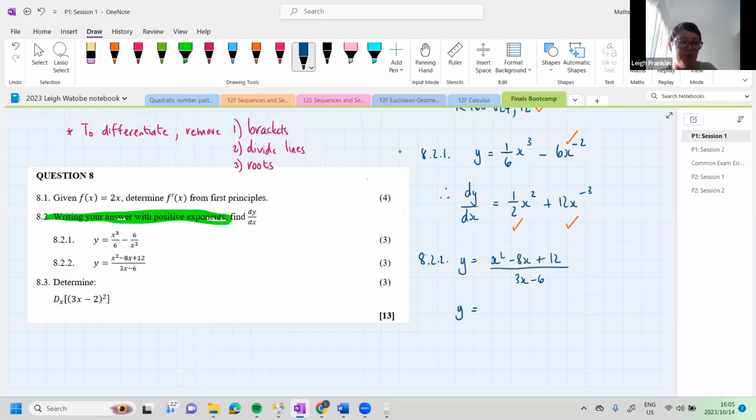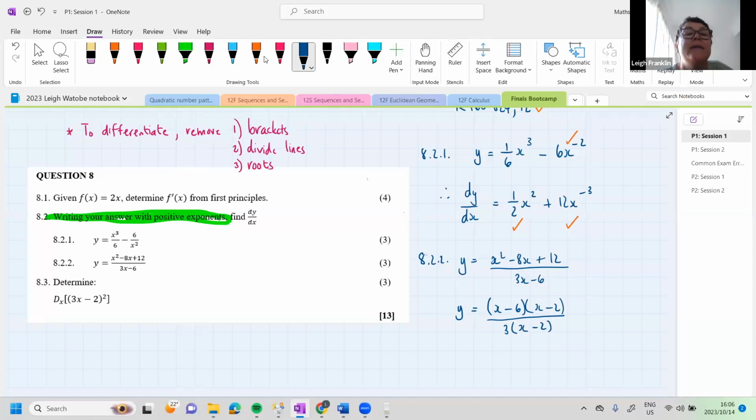I'm still factorizing and getting this function statement ready for differentiation. So I'm going to factorize my numerator. This is going to give me 6 and 2, both negative. And at the bottom, I'm going to take out 3 and I'm going to have x minus 2 at the bottom.